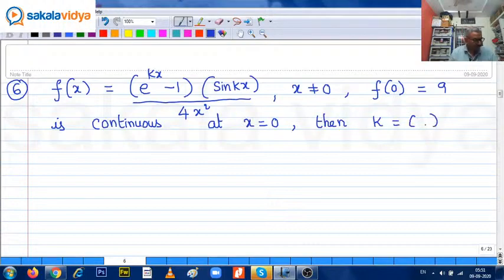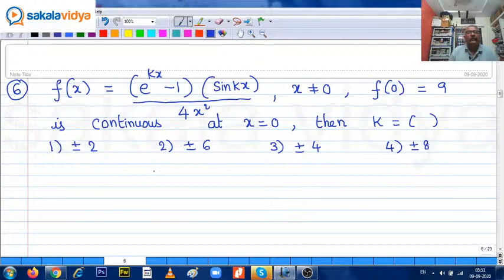Then k equals to. First option plus or minus 2, second option plus or minus 6, third option plus or minus 4, fourth option plus or minus 8.